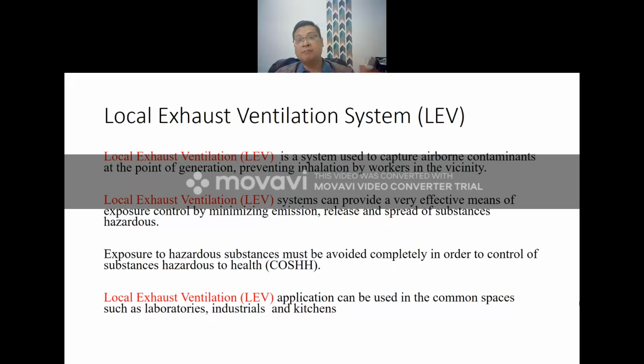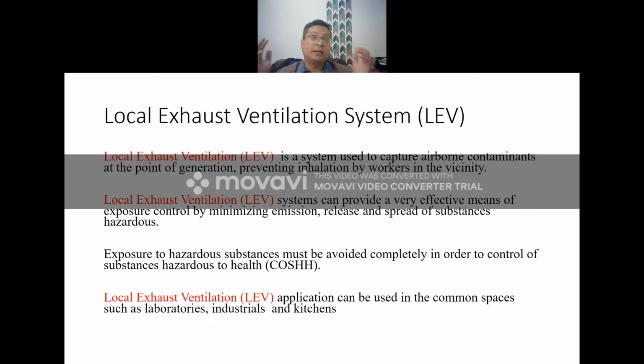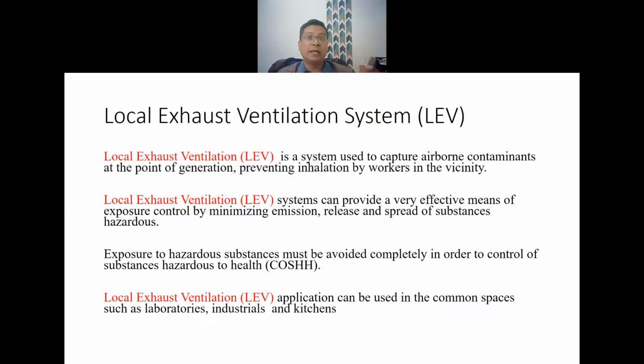Not only that, in application we can also see it in the kitchen. When the kitchen is under the HVAC system, we don't want to distribute unwanted things like smoke from the kitchen, so we make a local exhaust to bring it outside.